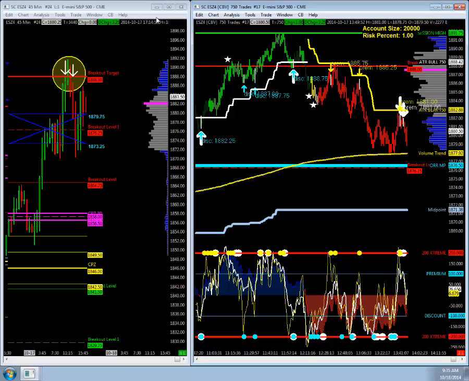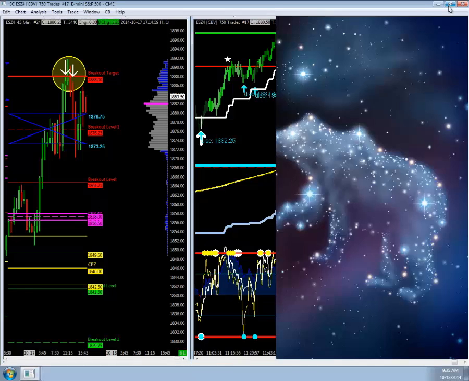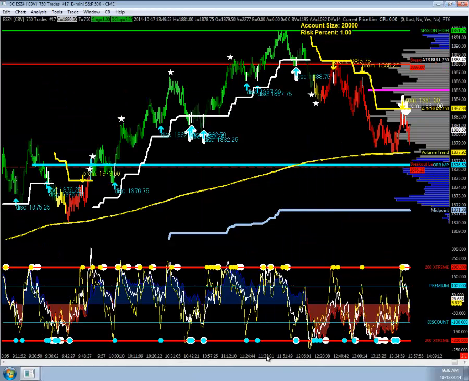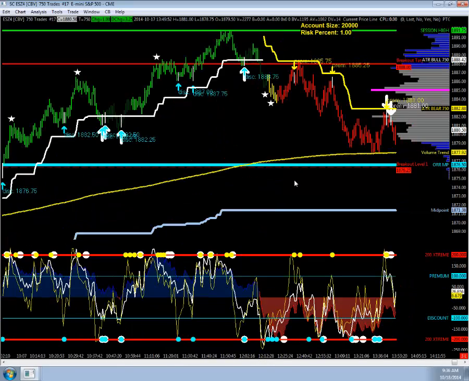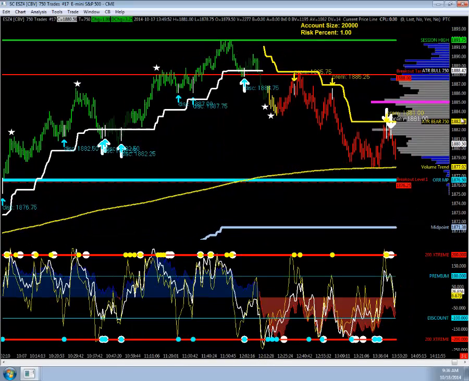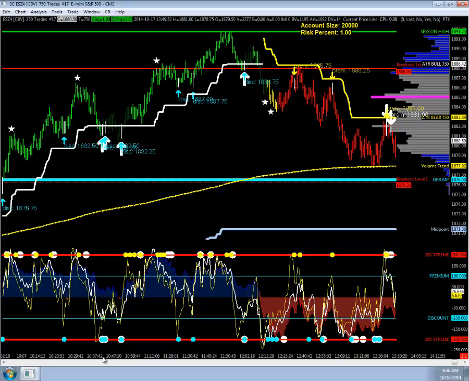We can actually eliminate that and hide it, and we can go right into the 750 tick chart. So what we want to do here is just walk through this as it unfolded on that day, and I'll highlight some of the important features to be on the lookout for in terms of trend shift.